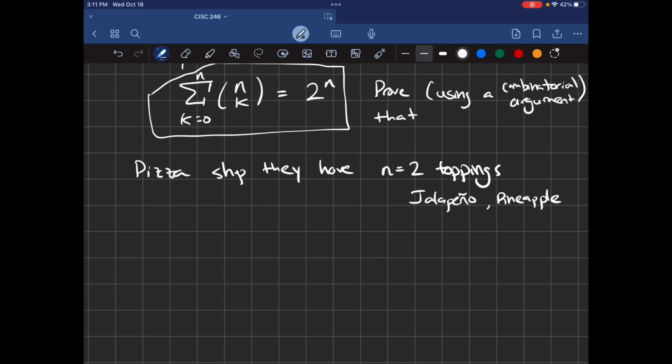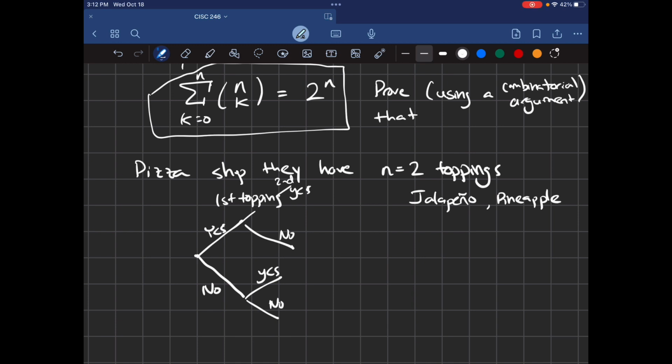So almost like the multiplication principle can help us. And you may think of it like a decision tree. So first topping, you're either going to say yes or you're going to say no. And then the second topping, you're going to say yes or you're going to say no. And same here.